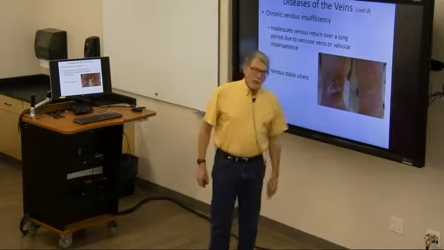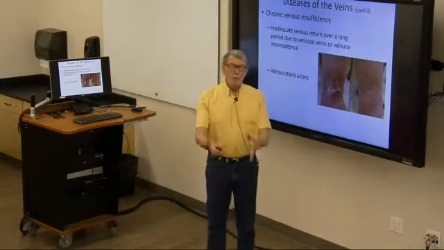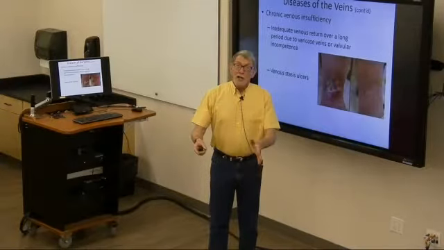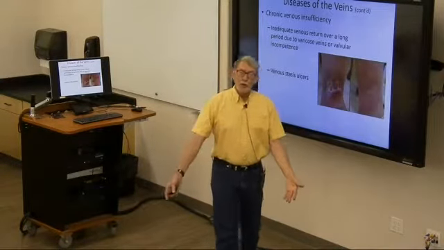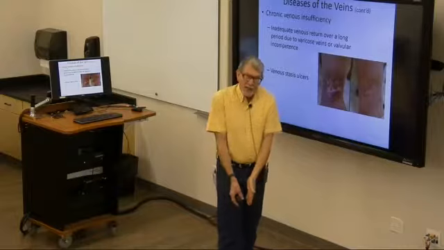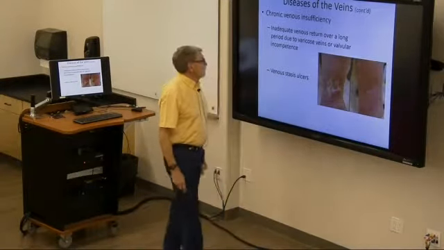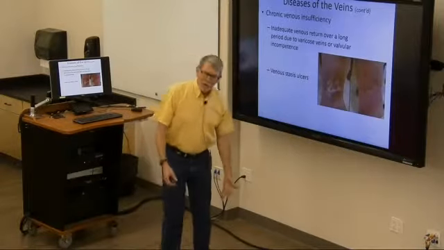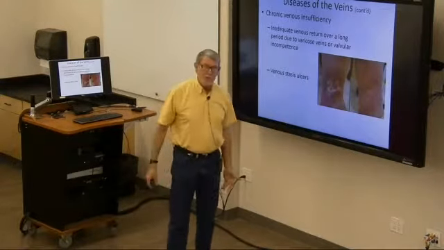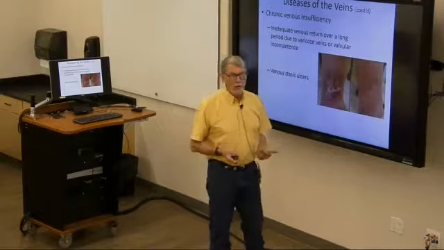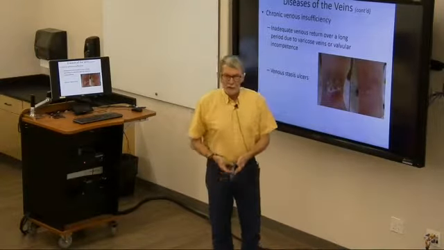Chronic venous insufficiency, which can come from just weakened veins, if they're on the surface, they become varicose. If they're deep veins, they become weak and blood sits there too long. And you don't get enough venous return. The blood hangs out in them too long. You start getting vascular damage.